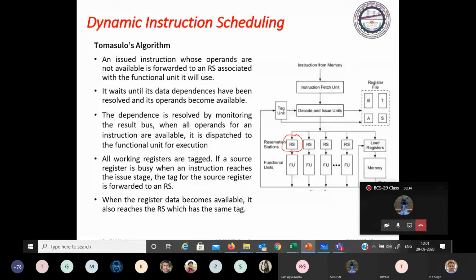If the instruction is a floating point instruction, then it will allocate it to this or this. Suppose this is MMU, this is FU, the floating point unit, this is the integer unit, and this is the memory unit.